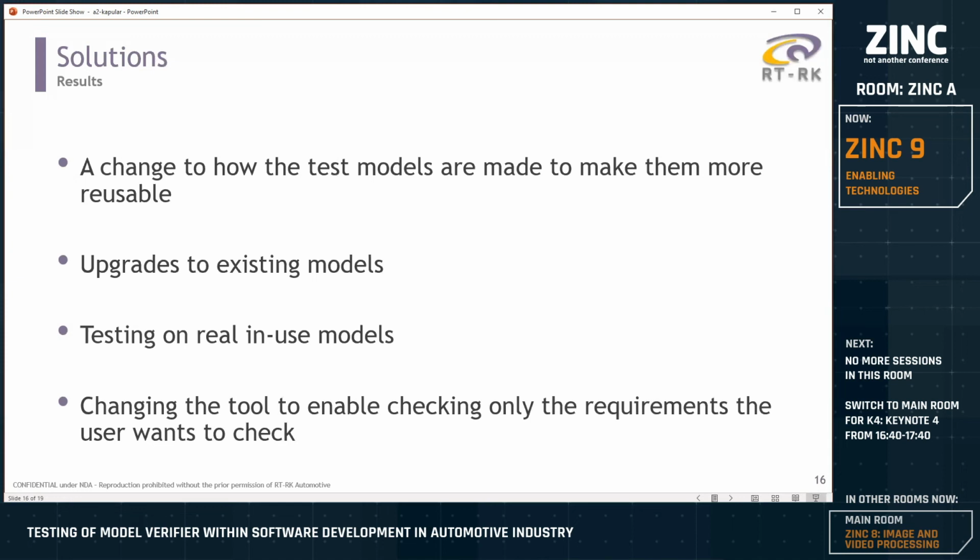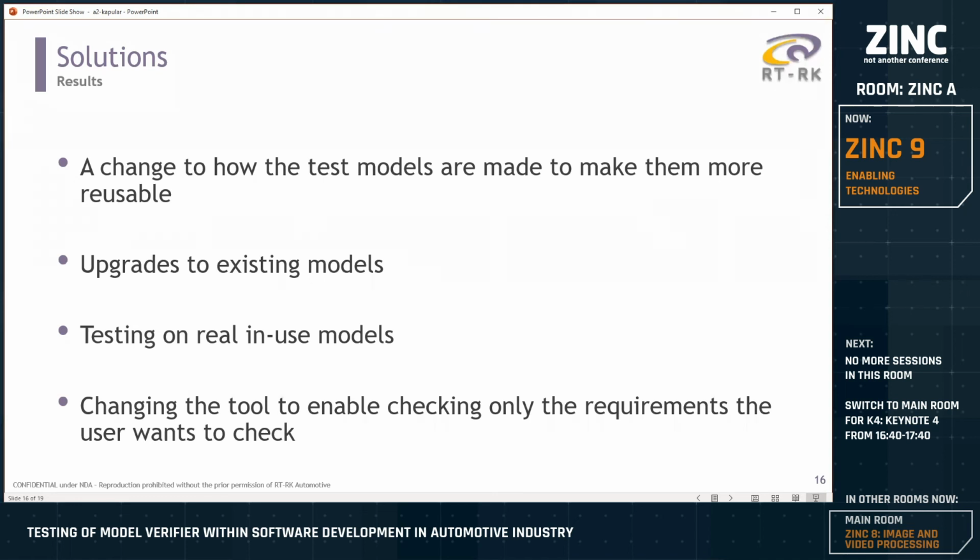For now, we made them only to conform to the current 107 requirements, meaning that any future requirements that are added to be verified will not be conformed to, and we will get more errors on these same models. So we could also upgrade these existing models to account for this. However, this would be a very long and annoying process.